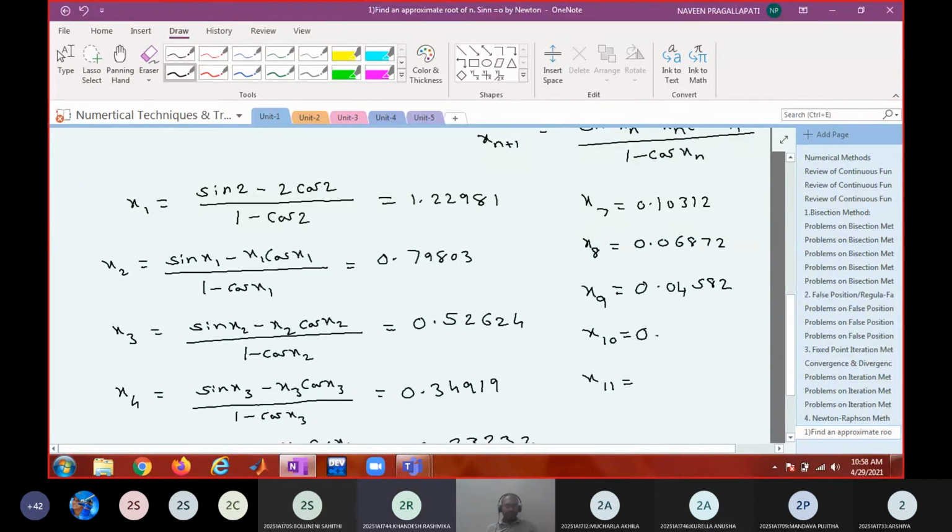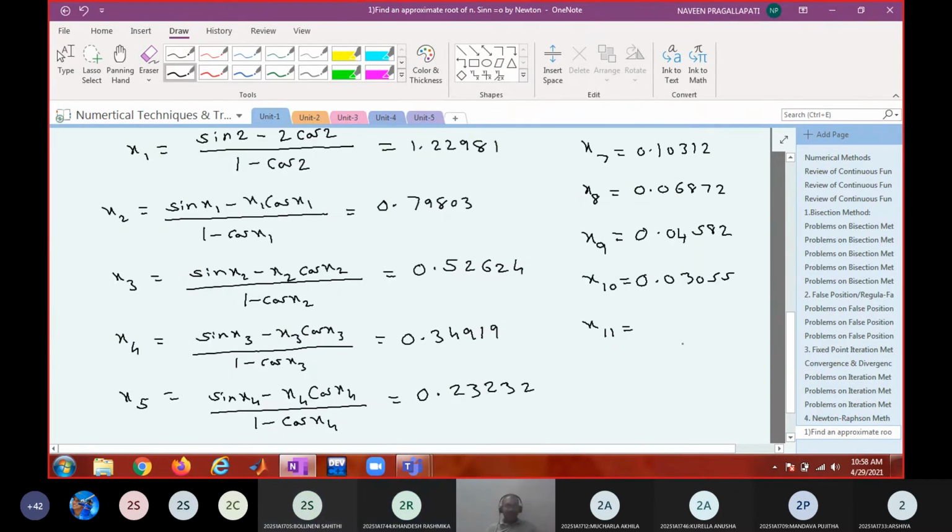x10 is equal to 0.03055. I think it keeps on going. 03, 02, 01, then only you will get 00. Am I right?